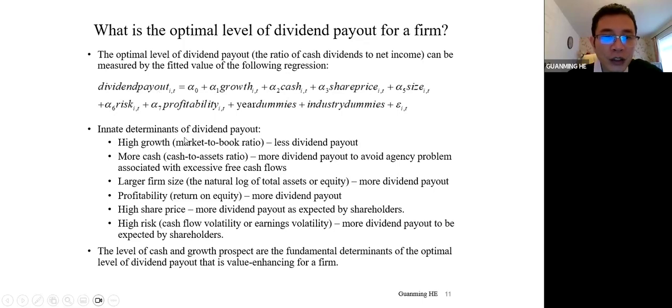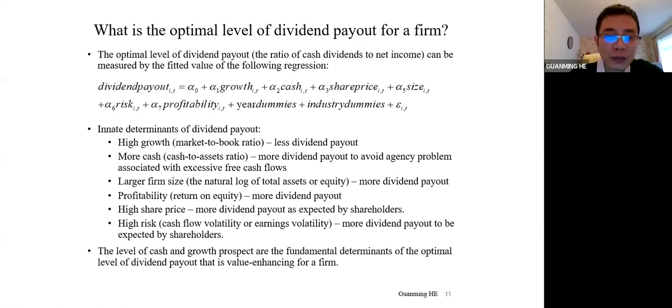Designated determinants of dividend payouts include the growth, financial health, firm size, profitability, share price, and the risk of the firm.